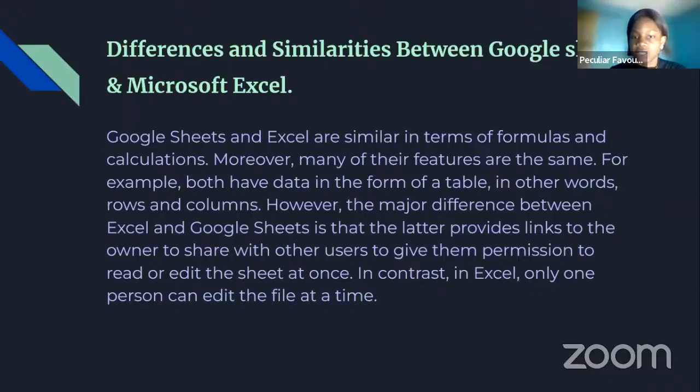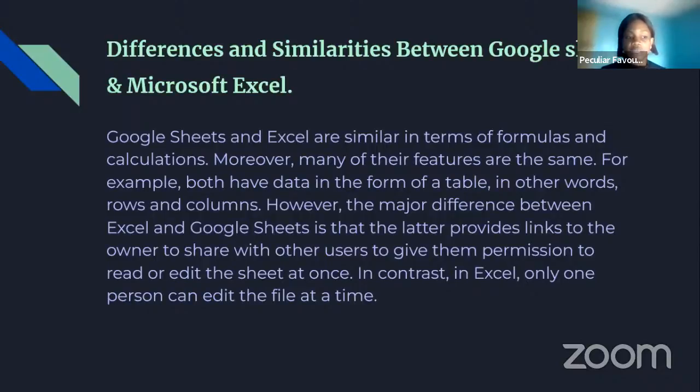In contrast, in Excel, only one person can edit the file at a time. So Google Sheets enables multiple people to work on a particular spreadsheet. So it is more for a workspace, for an organization.